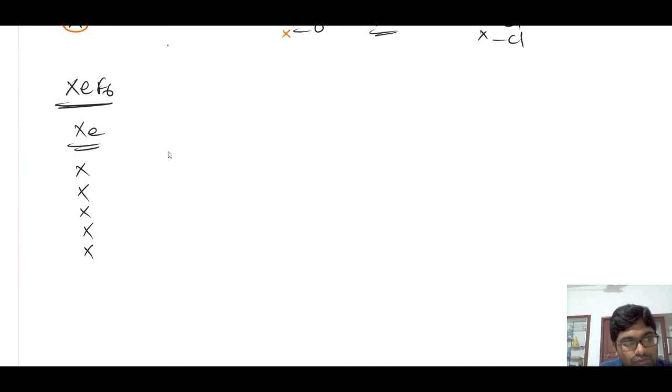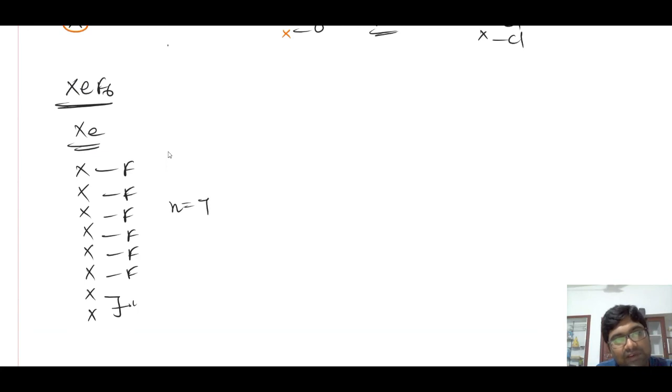Fluorine is the surrounding atom; there are 6 fluorines, which form 6 sigma bonds, and one lone pair is present here, that means n is equal to 7. If n is equal to 7, the hybridization is sp3d3 hybridization.